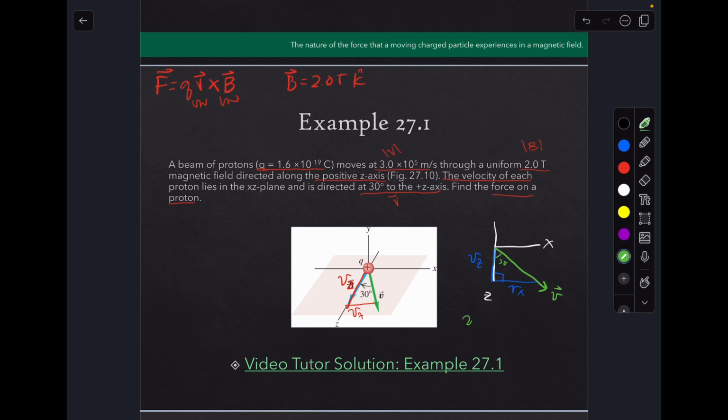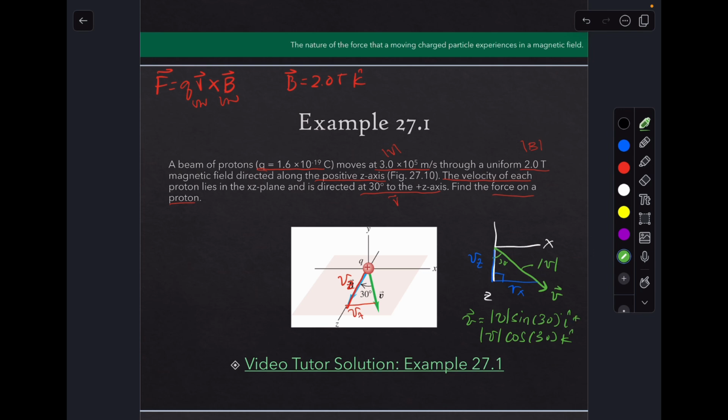So the components of V: our V vector is going to be magnitude V sine 30, because it's opposite to that 30 degrees, in the i hat direction, the X direction, plus magnitude V cosine 30 in the k hat direction.